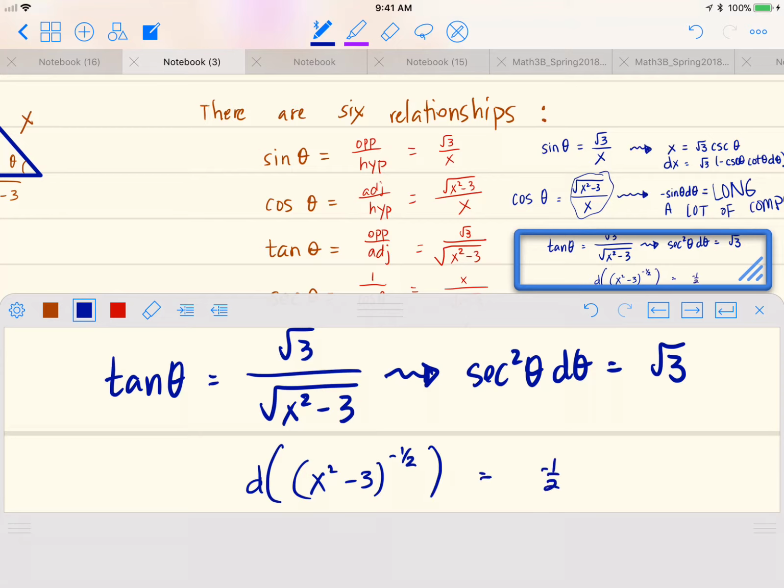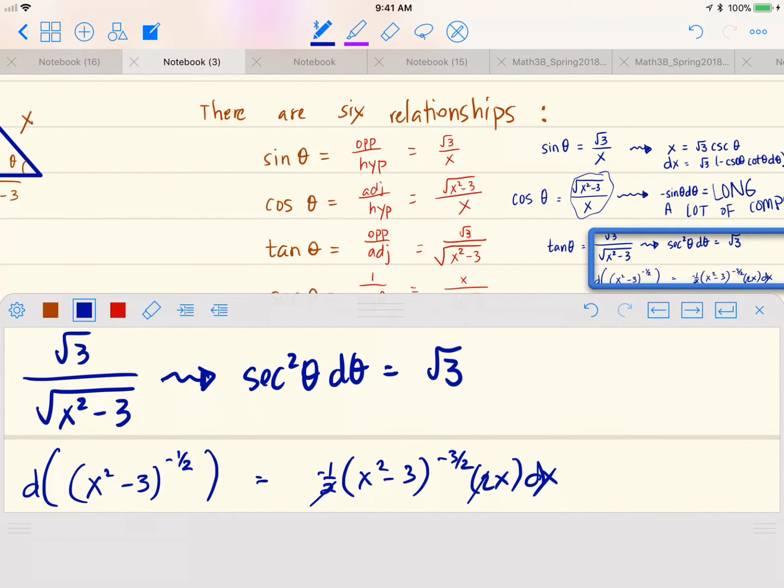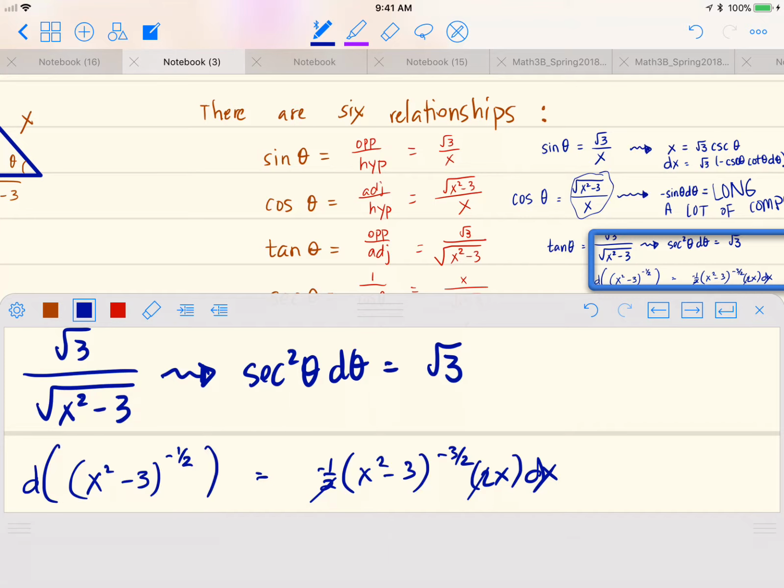So I get negative 1/2 x squared minus 3 to the negative 3/2 times 2x. So the 2's would cancel out, and then I'd have a dx. So I would have root 3 x over x squared minus 3 to the 3/2 dx.